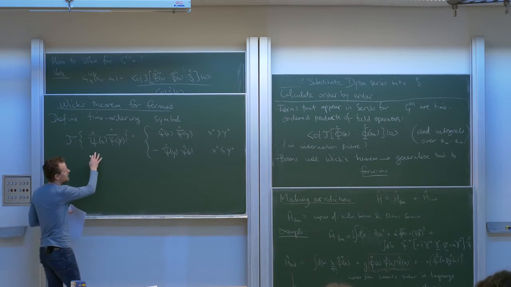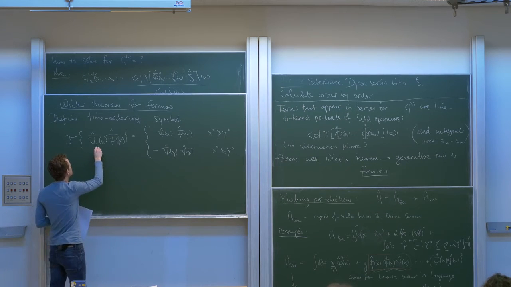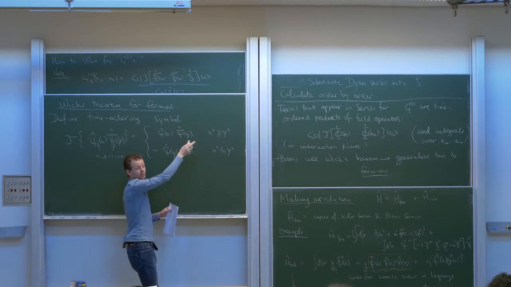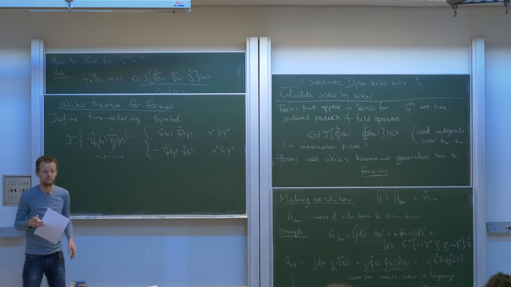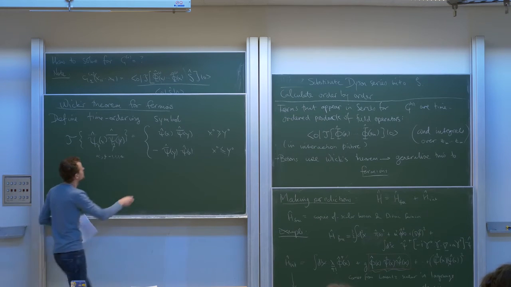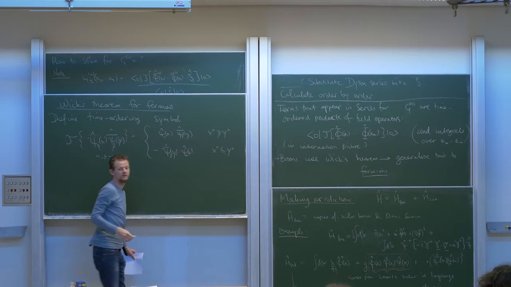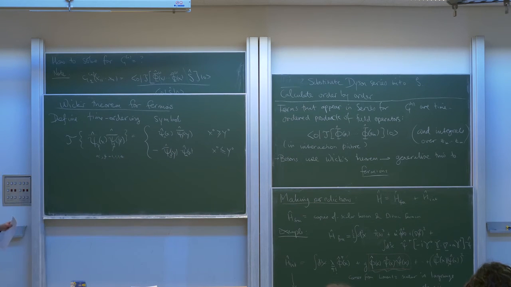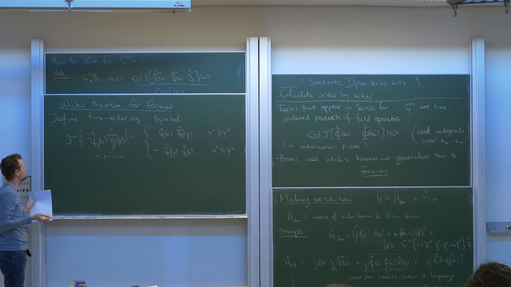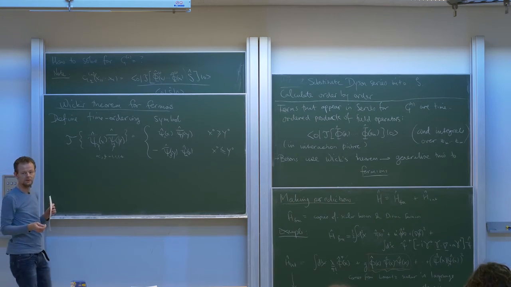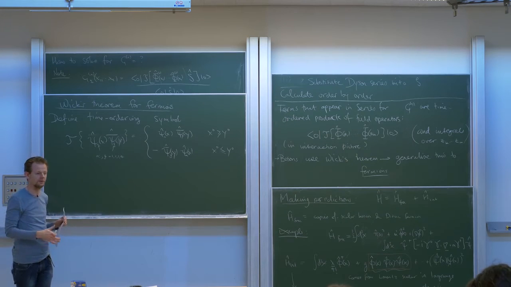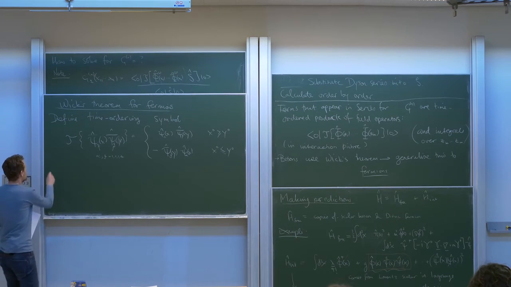Now remember, this is a matrix type object because this has an index. There's a suppressed index here. So this is actually 16 operators here. There's 16 equations defined by that. One gets used to just suppressing that label and just thinking it's a set of 4 operators. So beware, beware.